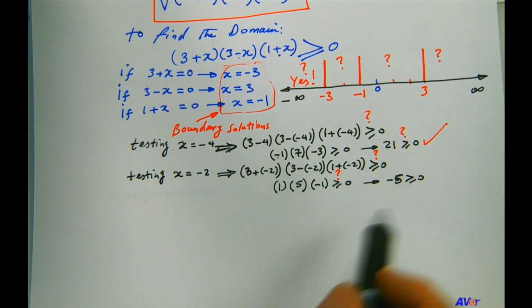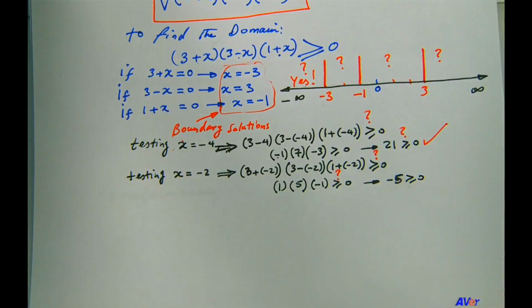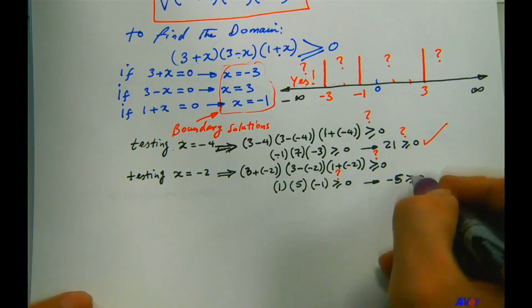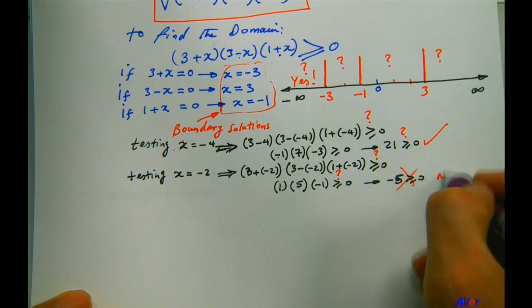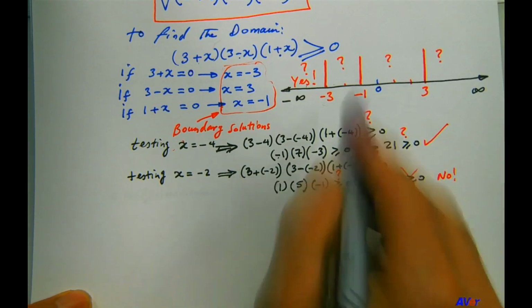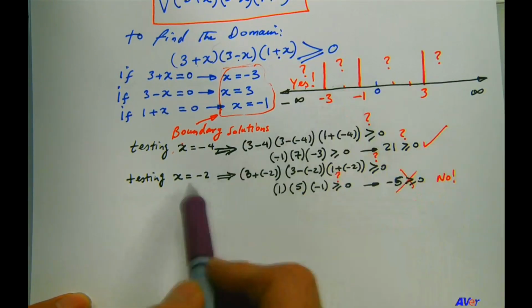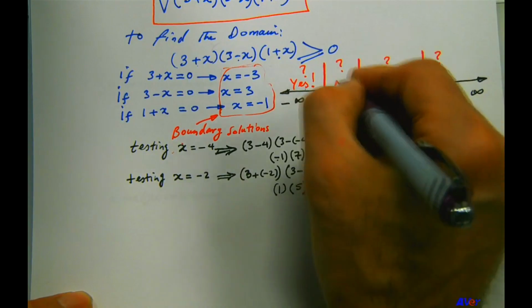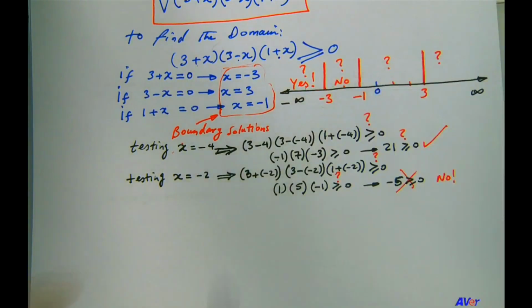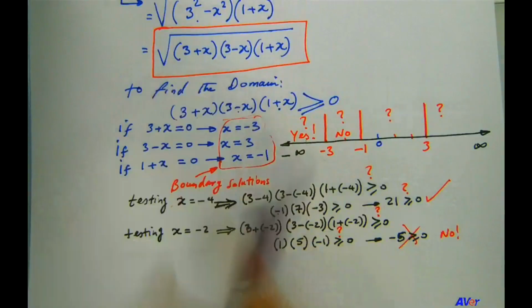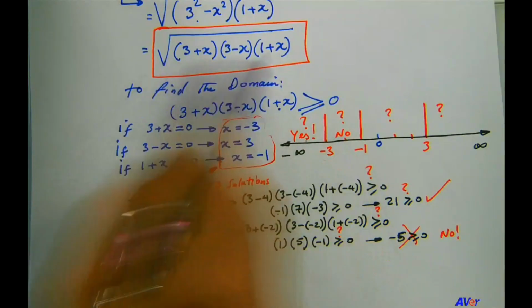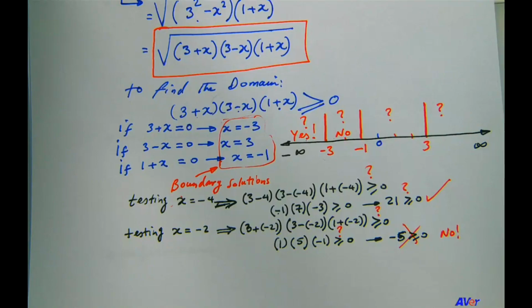Is this a true statement? Absolutely not. Right? No. So that region where we picked our test point is not in the domain of the combined function. This region is not in the domain of the combined function.